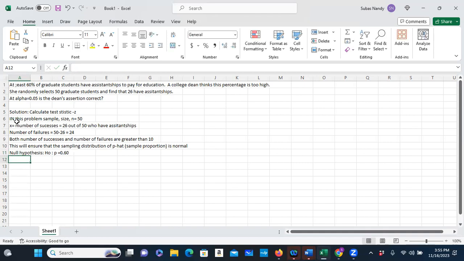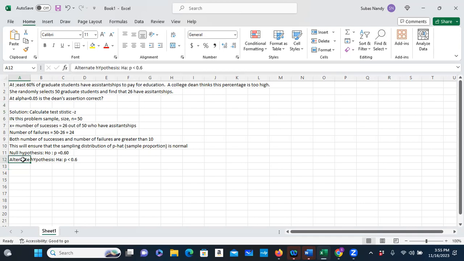And our alternate hypothesis is H sub A: P is less than 0.6. Now we will find out whether the evidence from the sample data supports the alternate hypothesis.